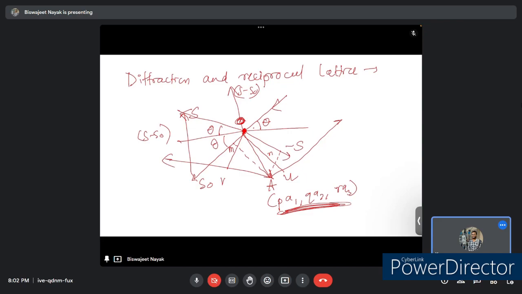These are the coordinates for atoms which are affected by the scattered X-rays. So here OA is defined as p a1 cap, q a2 cap, and r a3 cap.